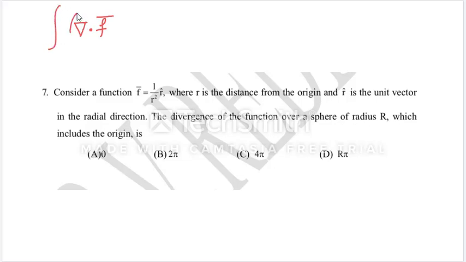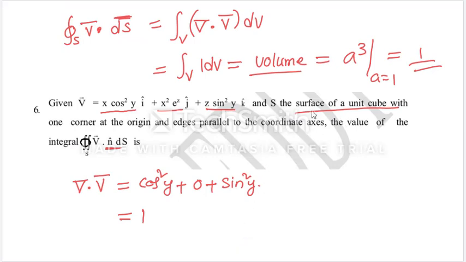The sphere is a closed surface or an open surface? Closed surface. That means the volume integration of the divergence dV. This is what they ask you to find, and most of the students get confused by this. Yes, you are correct. So the divergence of the function over the sphere of radius: previously we did a cube at the center, found the closed surface, and what we did was volume integration.